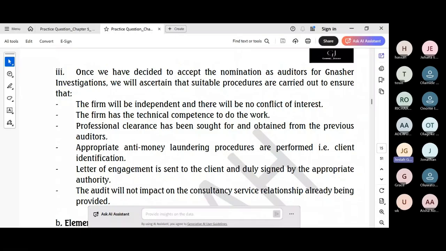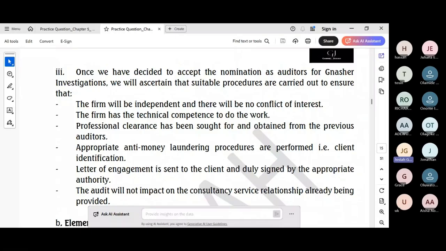That's the most critical first step. Contact the previous auditors and request information. The next is to evaluate independence and conflicts, a formal check in this area to ensure no ethical breach. Then for risk assessment, a thorough assessment of audit risk and management integrity is very important at this stage.